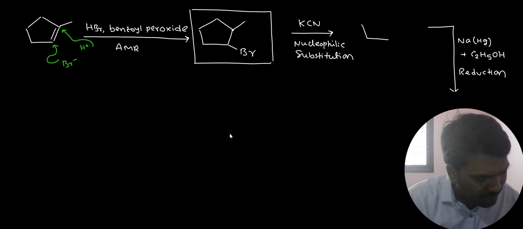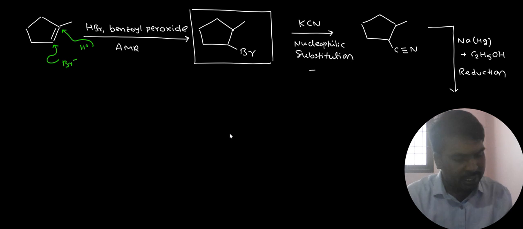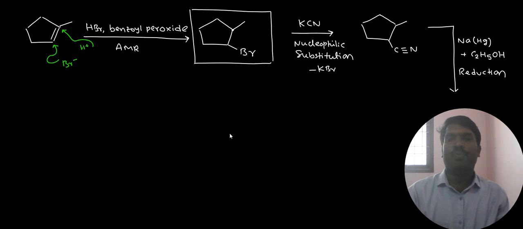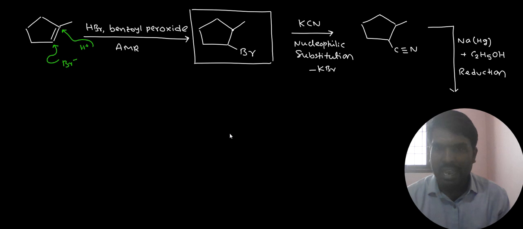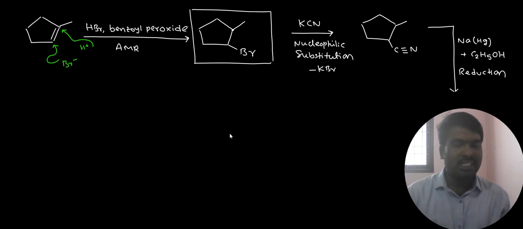In the place of bromine, you can substitute cyanide. Now potassium bromide is eliminated. Suppose silver cyanide is there, we will get isocyanide. Here with potassium or sodium cyanide, we will get cyanide.